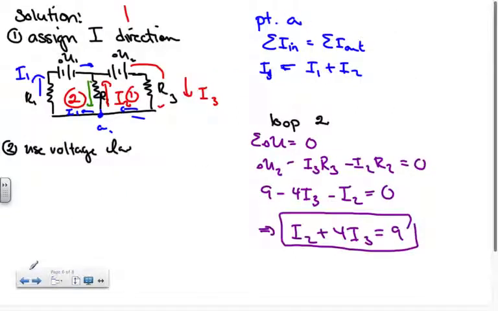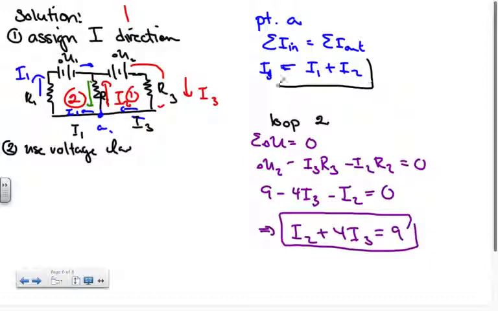Substitution dictated earlier that at node A, I3 goes in, I1 comes out, and then I2 goes out. And so that's how we got this.